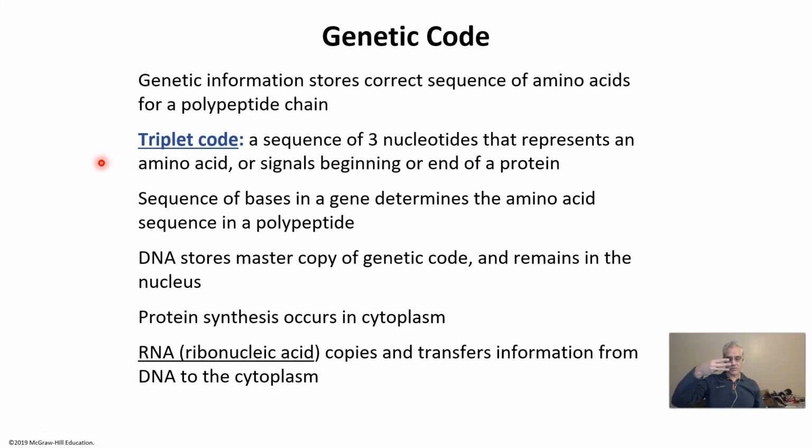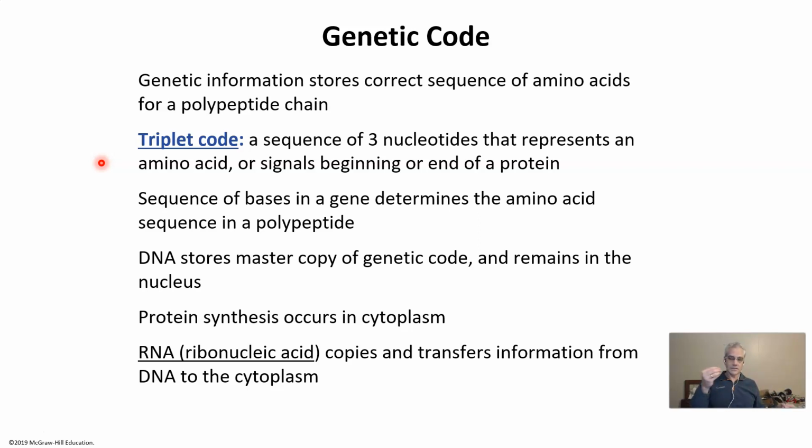3 bases in a row, A, T, C, we'll say. Those 3 in a row code for a particular amino acid on a protein. And then the next 3 code for another amino acid on that protein, and the next 3 code for another amino acid, and so on and so forth. So, to make the math easy, a polypeptide is a string of amino acids, one next to the next.